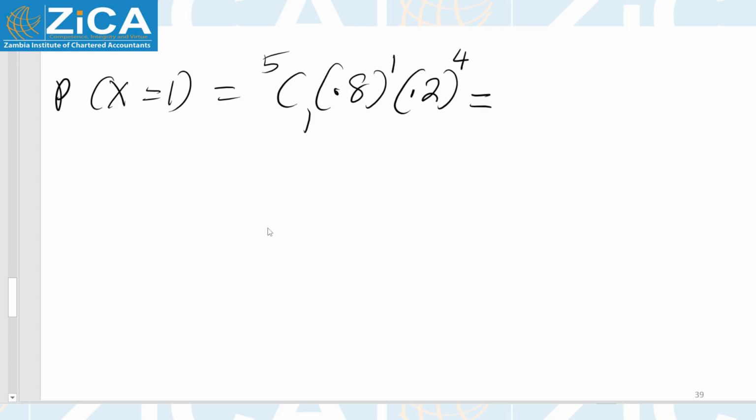This will be equal to 5 combination 1, which gives you 5 times 0.8 times 0.2 to the power 4, and that will give us 0.0064.